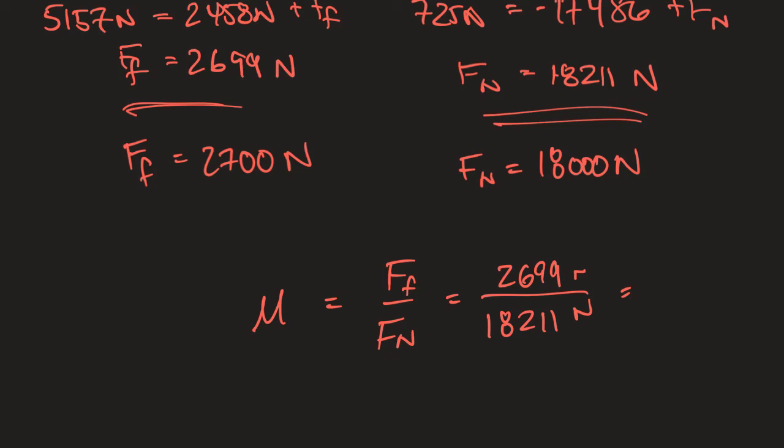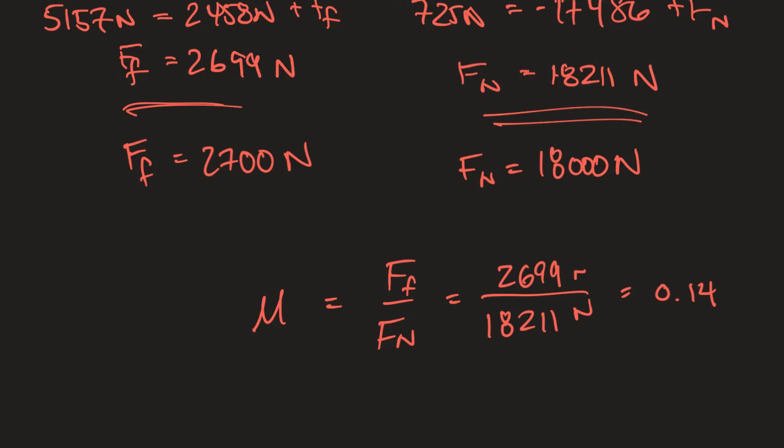Rounding to 2 significant figures, it is 0.14. It's actually a very low friction coefficient that's required here. This is the friction coefficient required to provide that force, but in reality, we just want a coefficient of friction that's higher than that, so we know the car doesn't skid out.